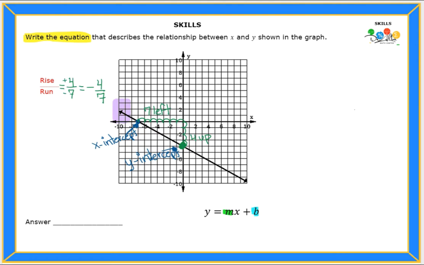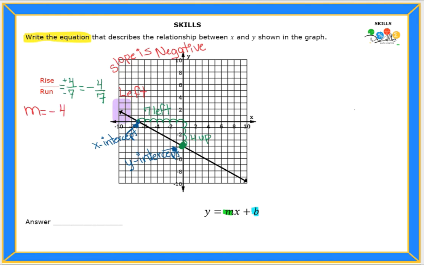So if it's pointing to the left, what does that mean about the slope? If it points to the left, it means my slope is negative, okay? And that's what I got. I got -4/7. So rise over run is the same as the slope.